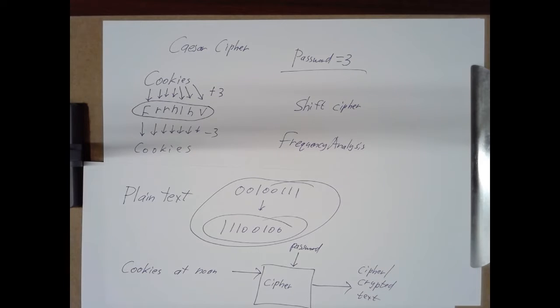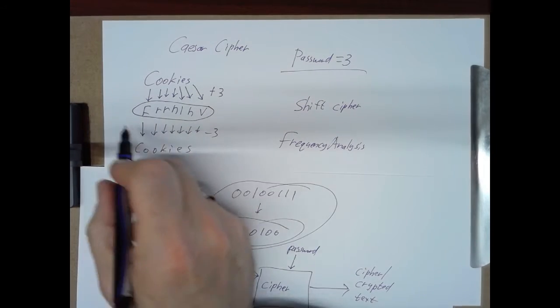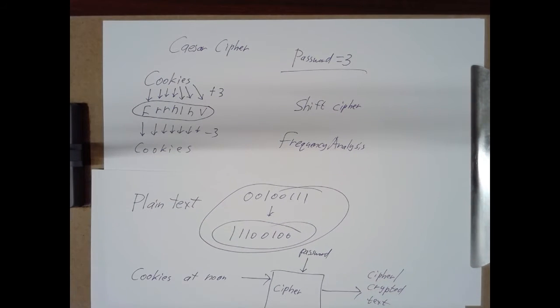So if you look at your most frequent letters, and now you take a piece of encrypted text, and you find which letters in that encrypted text are most common, there's a good chance the most common letter in that encrypted text corresponds to E. So if the most common letter is G, how do you get from an E to a G? You add 3, you would guess your password's 3.